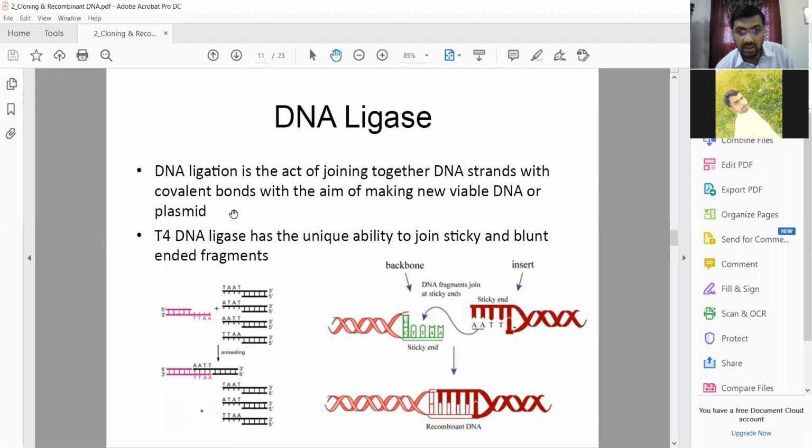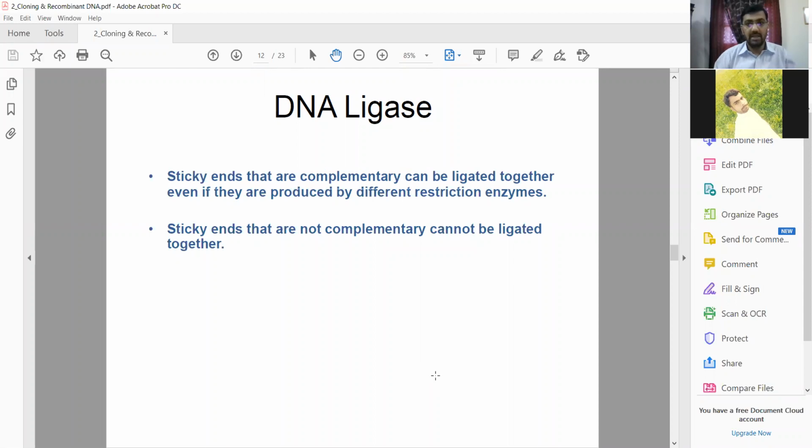If you see here, these are complementary bases, and if they fit here, DNA ligase would ligate this last base here to help the ligation and complete the double stranded structure. While in terms of blunt ends, this also works.